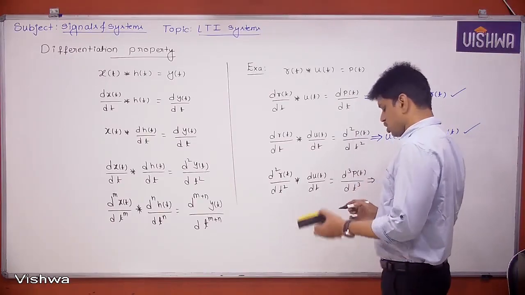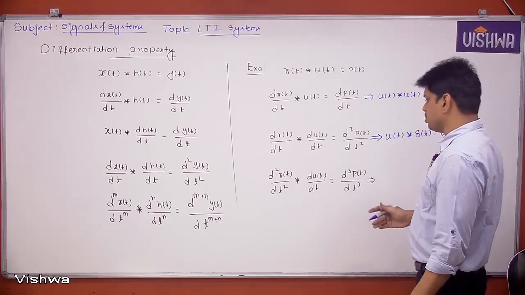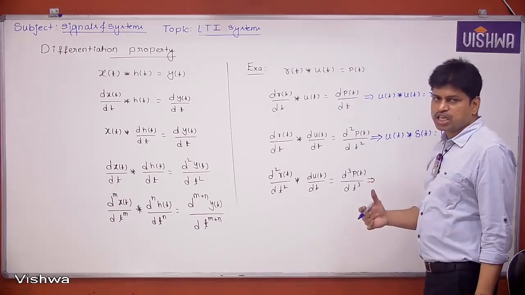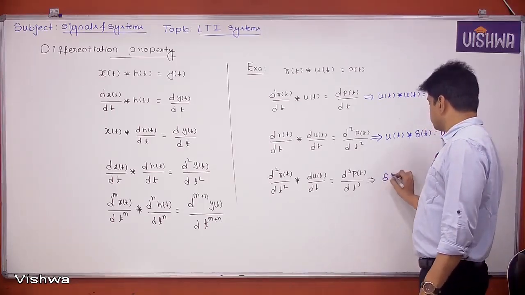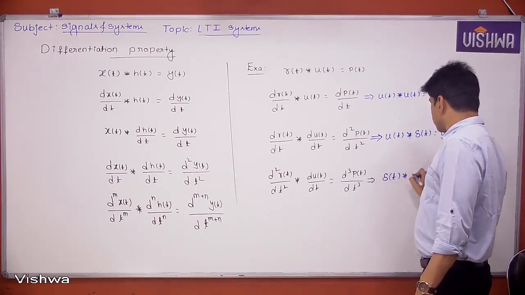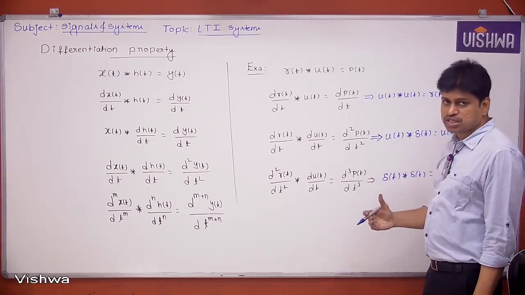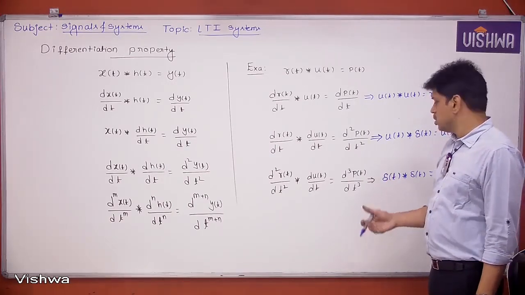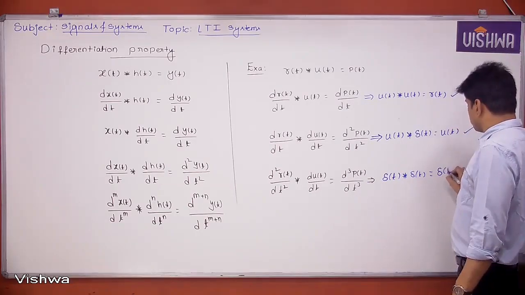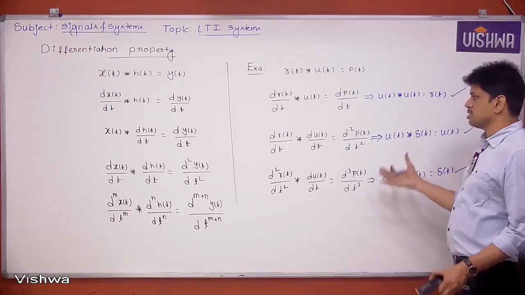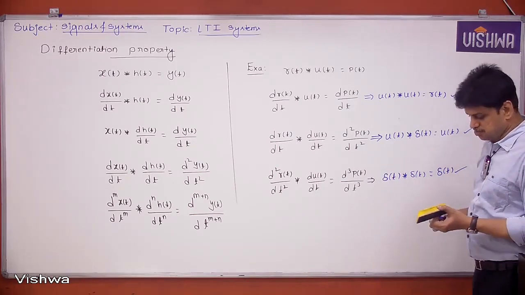Let's see whether it is going to be true or not. d square r of t by dt square, that means 2 times differentiation of r of t, 1 time differentiation u of t, 2 times differentiation delta t, convolution with delta t. 3 times differentiation of parabolic function: 1 time differentiation r of t, second time differentiation u of t, and third time differentiation delta t. Yes, we know this is also satisfied. So this is how the differentiation property can be satisfied. Okay, take it.